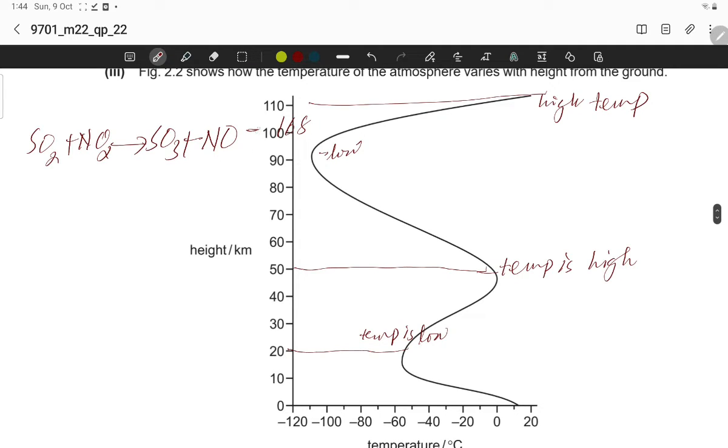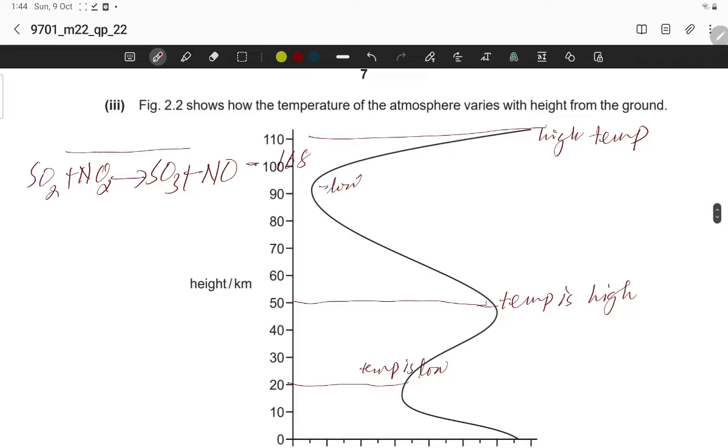Because delta HR is negative 168, the forward reaction is exothermic. If the forward reaction is exothermic, this is a reversible reaction, then the backward reaction is endothermic.